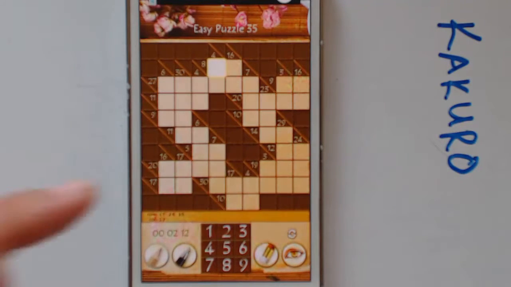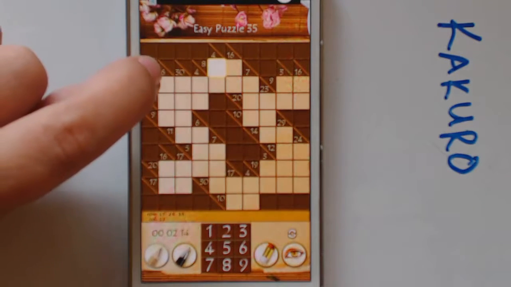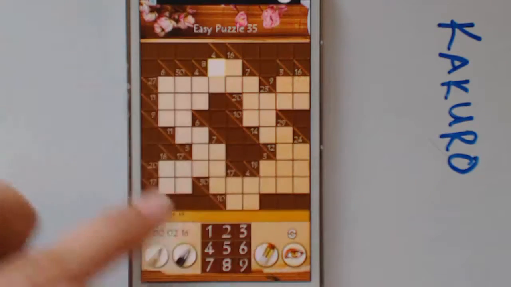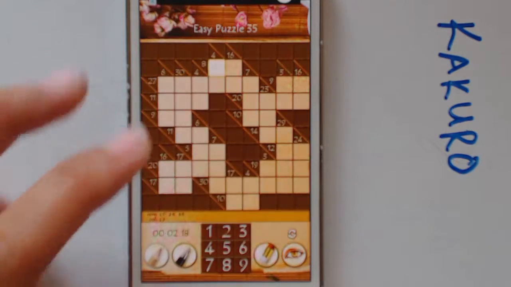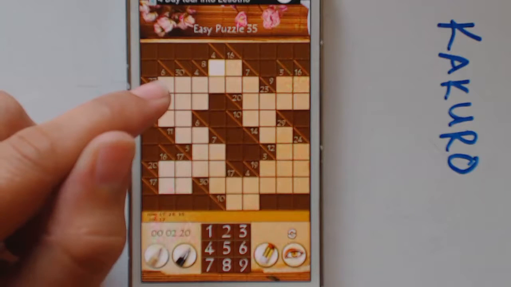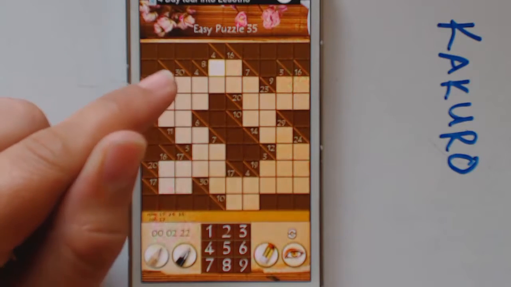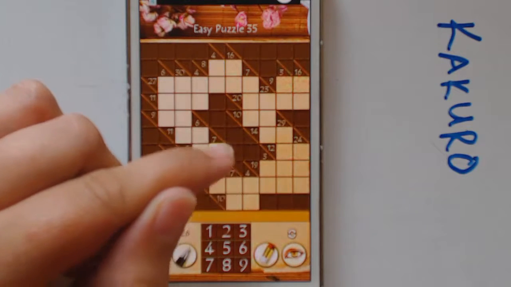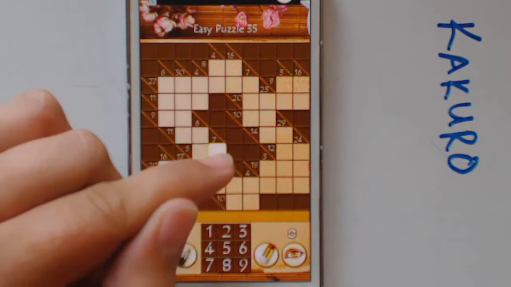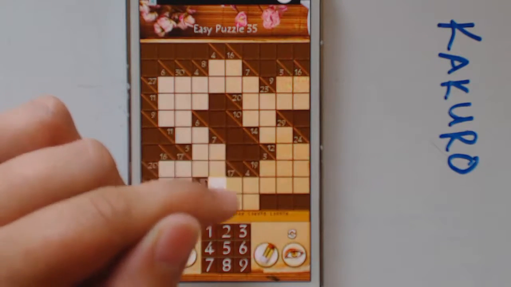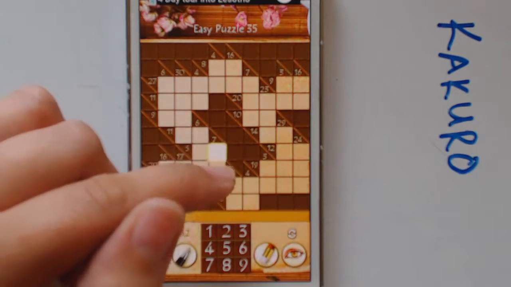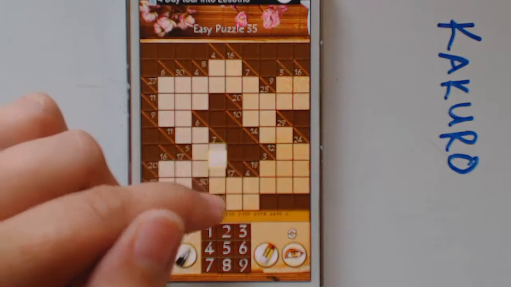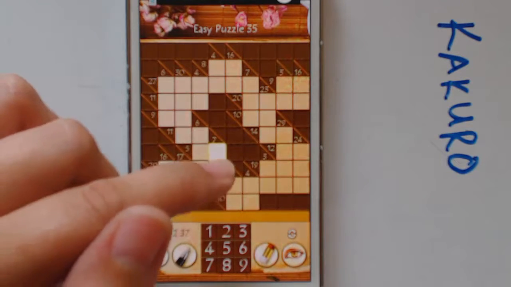Three numbers that add to 6, let me see if I can find one of those. Those are the numbers that I'm searching for, that I'm starting with. Three numbers that add to 6 can only be 1, 2, and 3. Three numbers that add to 7 can only be 1, 2, 4. They can be in any order, but those three blocks can only be 1, 2, and 4.